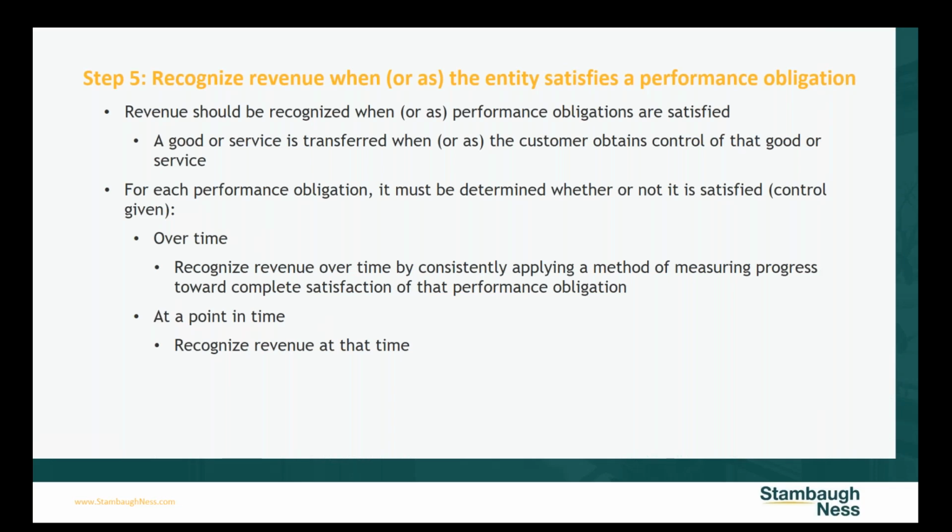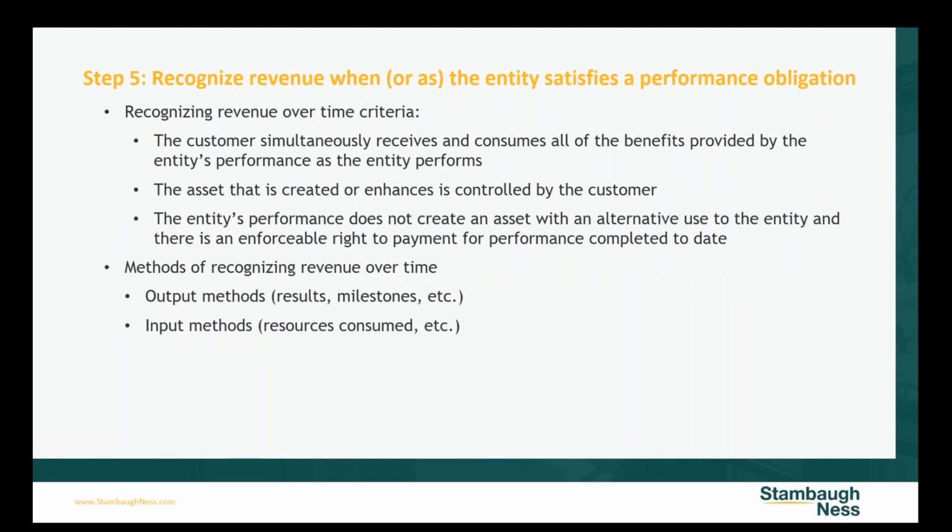If we look at how that might be measured, the criteria for recognizing revenue over time is that the customer is simultaneously receiving or consuming benefits as we're providing them. Or the asset continues to be created or is enhanced by the control of the customer. So in this case, each time this member accesses our website, it's enhancing their benefit or creating additional opportunities that they're taking advantage of.